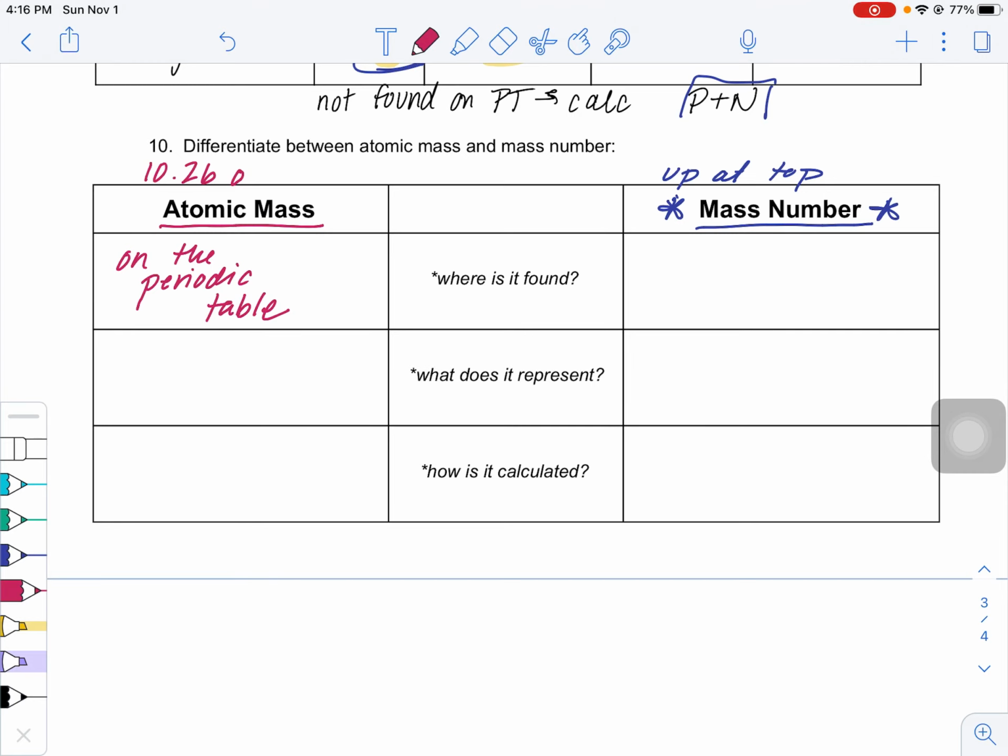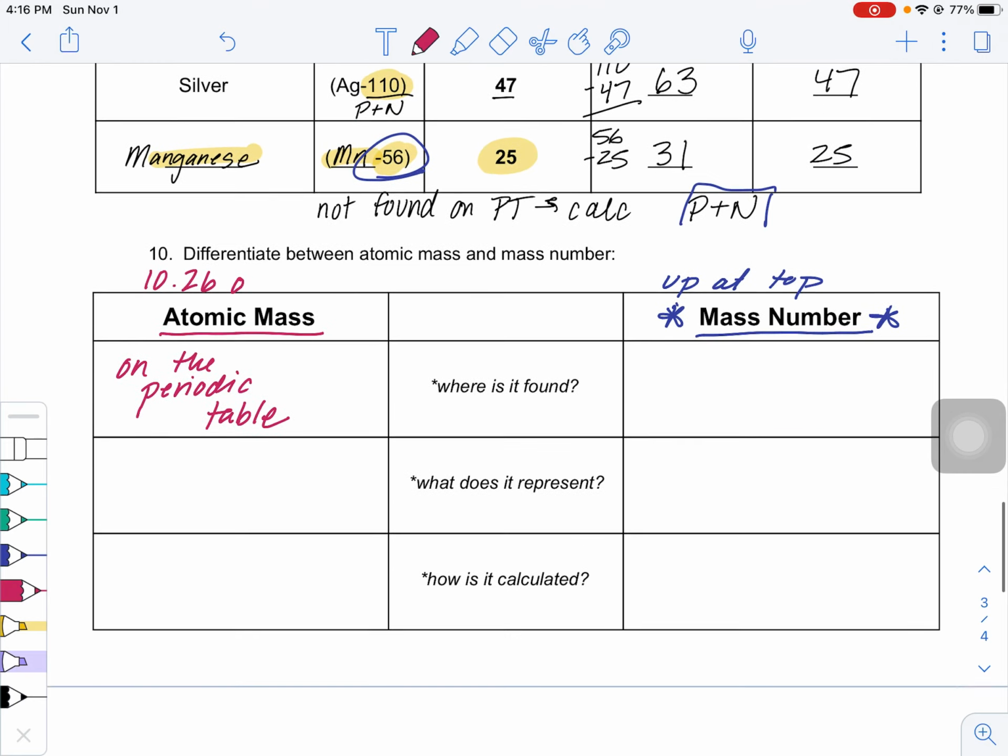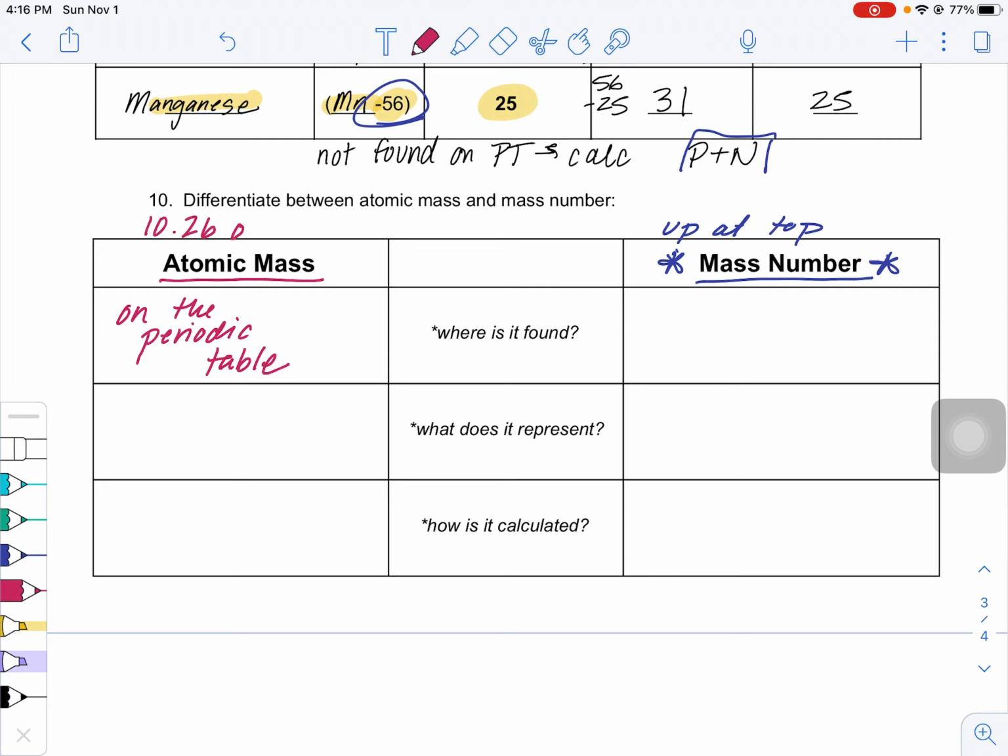Right? When we look at the element square on the periodic table, this is the decimal. And it's a decimal because it represents the average of all isotopes of that element.